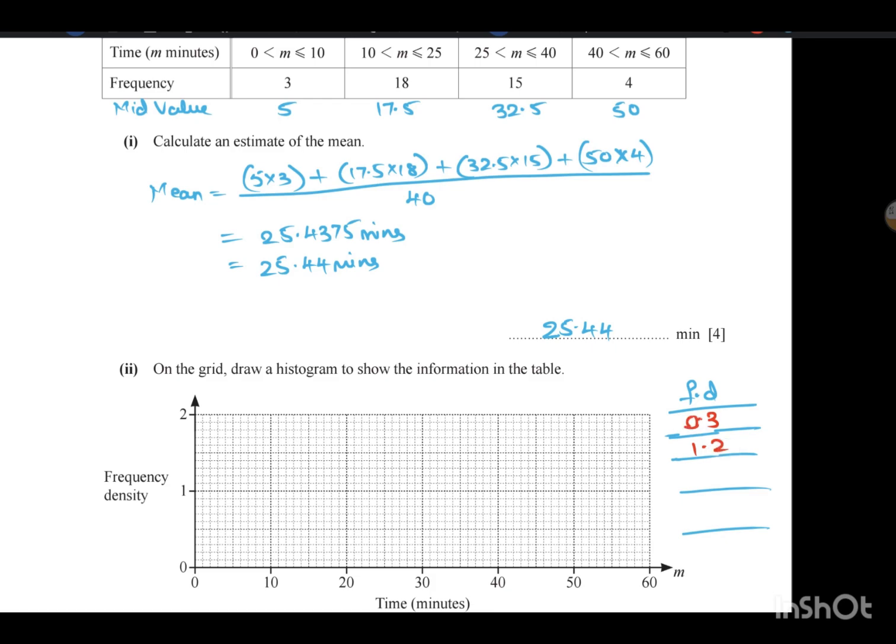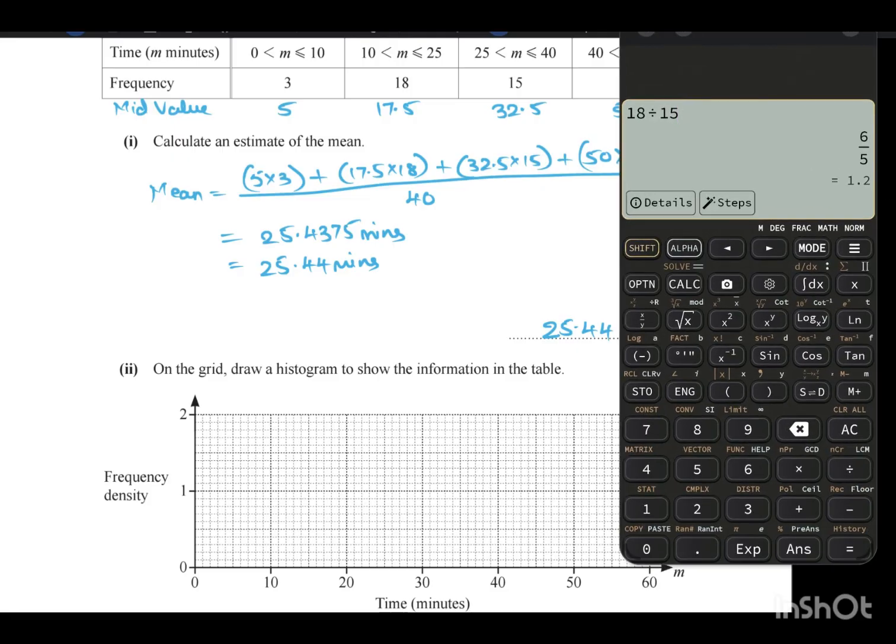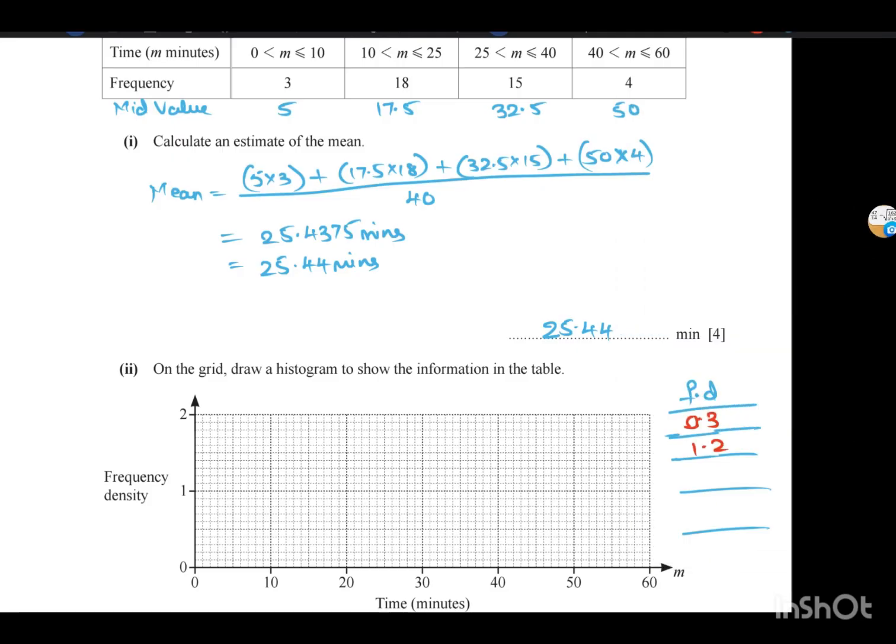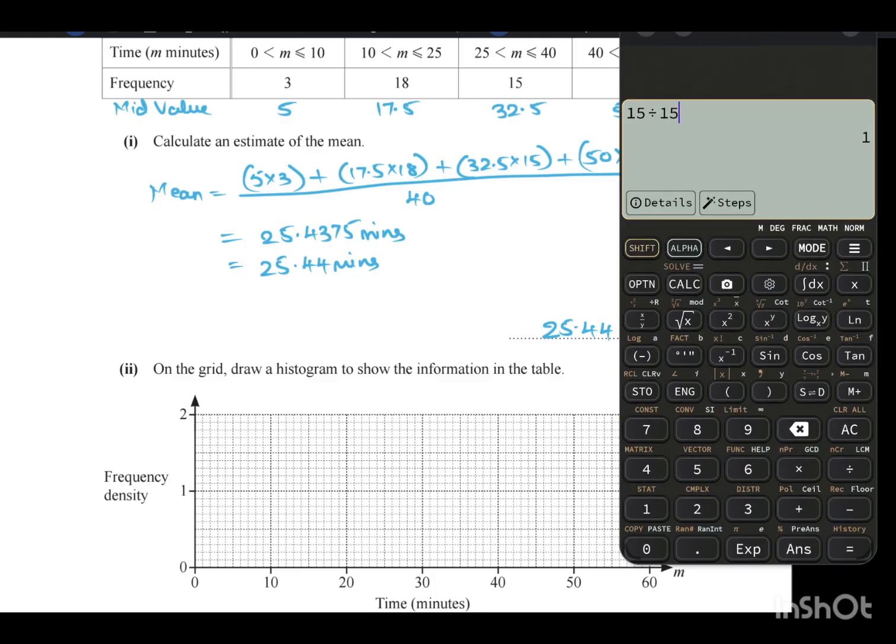Then 15 divided by the class size, again 15. So 15 by 15 is 1. Next is 4, so 4 divided by 20. 4 divided by 20 is 0.2.